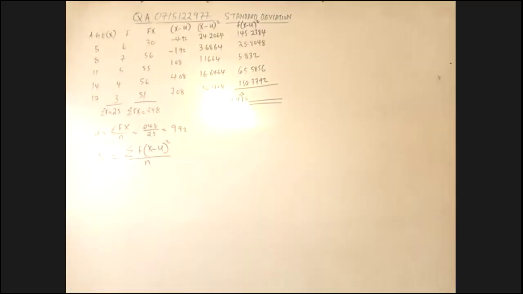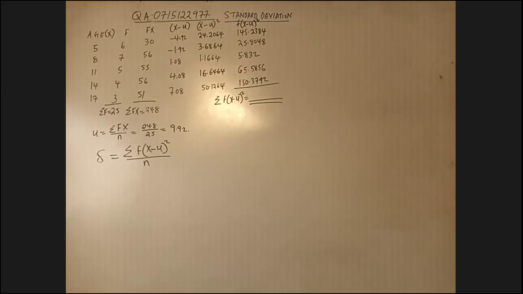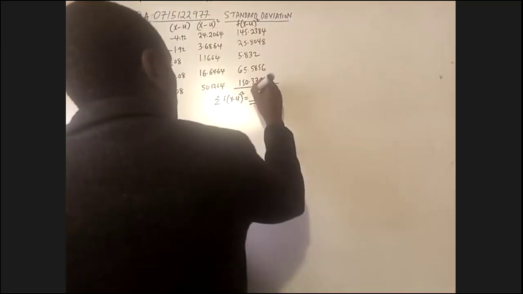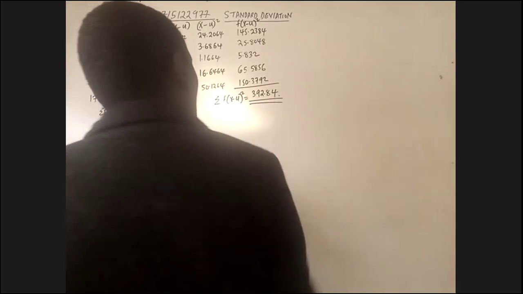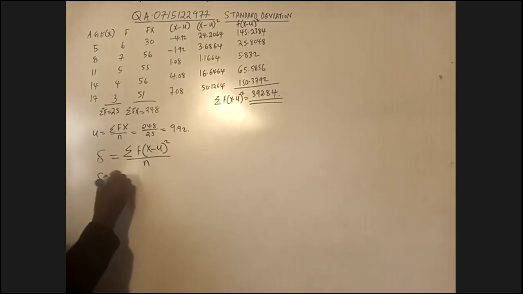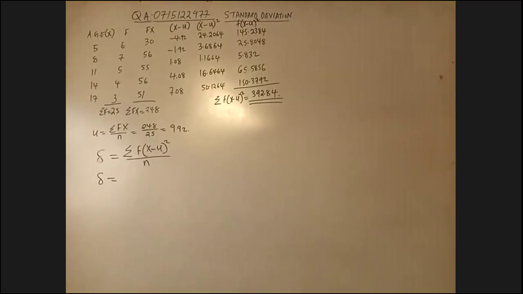So find that for me, please. The total is 392.84. Okay. Now let's find our variance, then the deviation.